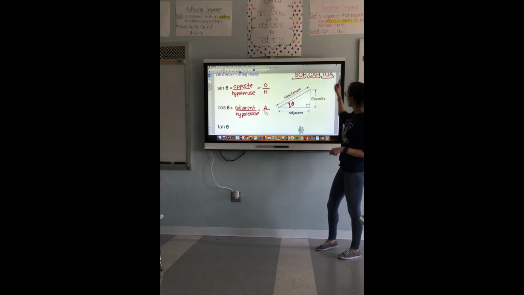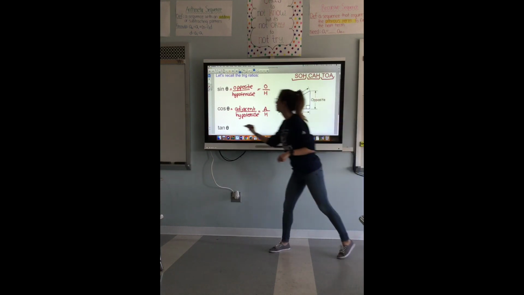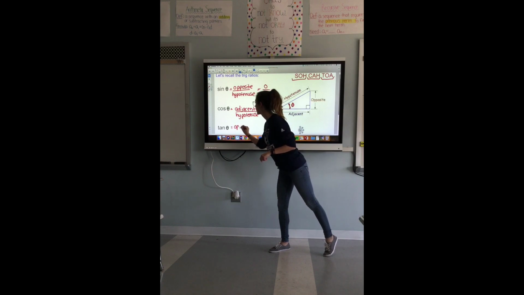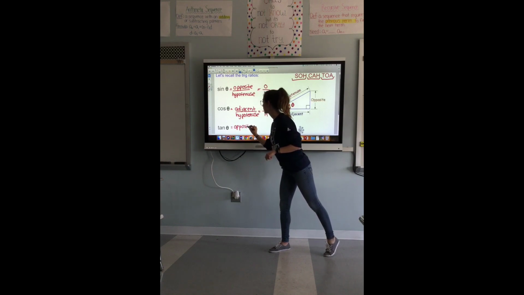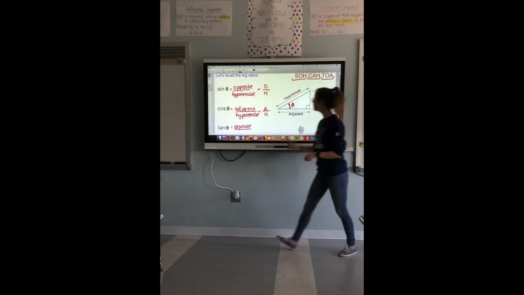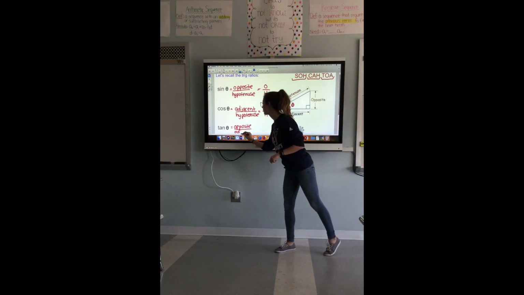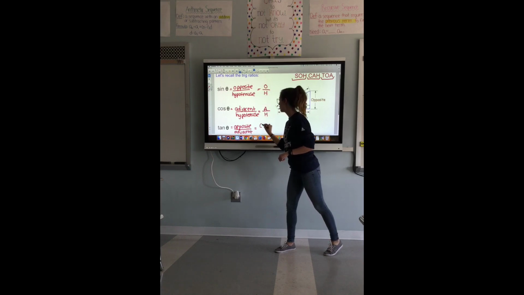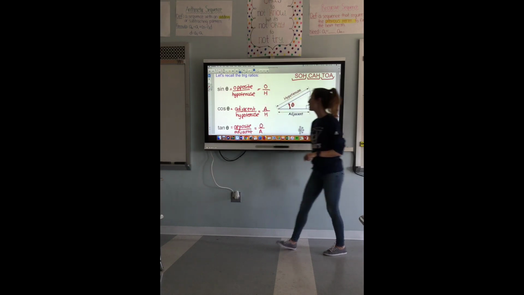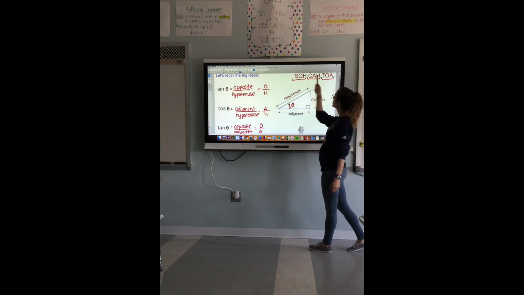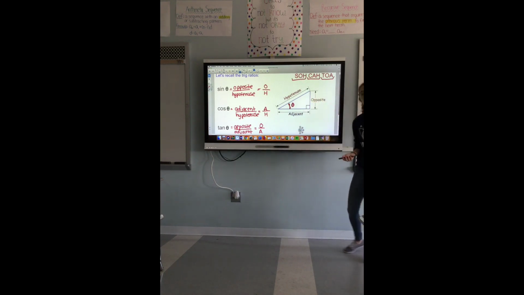Tangent is equal to the opposite over the adjacent, which is O over A. So that's where SOHCAHTOA comes from, and we are going to use that.